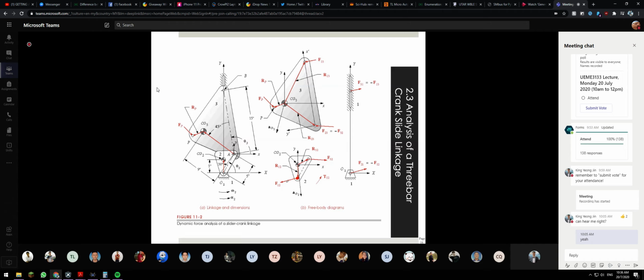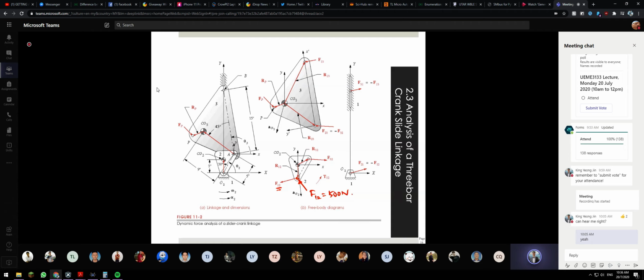So it means that when you calculate the F12, you calculate all the 360 degrees. So you find the maximum, then you know how big your pin has to be, right? The pin here. For example, you calculate the whole system with the 360 degrees, and you find the F12 is, for example, 500 Newton.